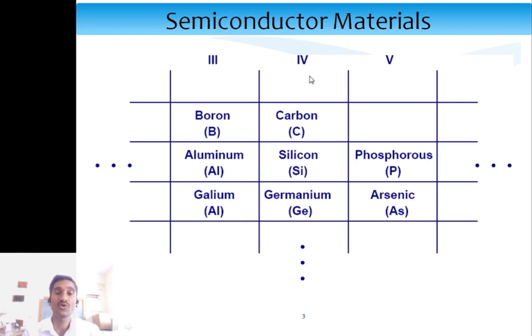These are some commonly used semiconductor materials in group four: silicon and germanium. If you use this material along with the materials from column three and five in combination, we can obtain semiconductor materials. If you use columns 3 and 5 in combination with silicon, we can obtain the compound semiconductor.